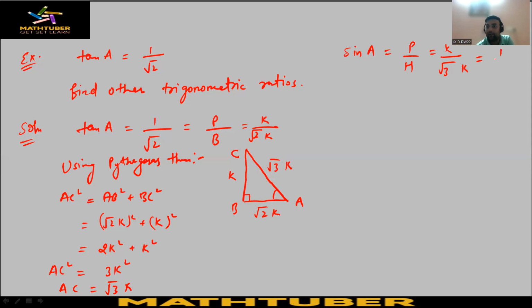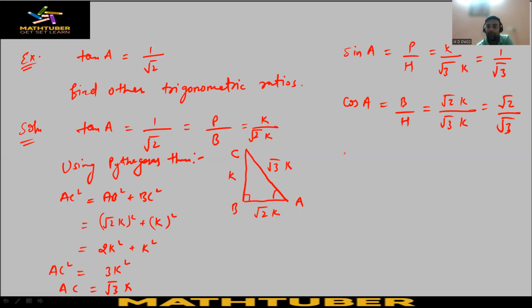K will cancel out, and you will get the value as 1 upon root 3, right? Similarly, if we want to find cos A, which is base upon hypotenuse, base is root 2K upon root 3K as the hypotenuse. K will cancel out, and you will get root 2 upon root 3.